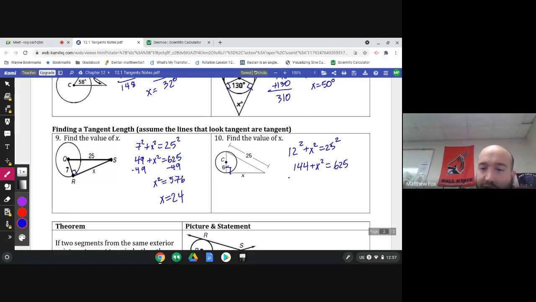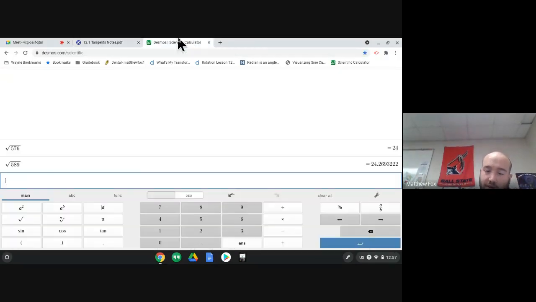All right, so now from here, subtract the 144, and we'll have x squared equals, so 625 minus the 144 gives us 481, and then we're going to need to take the square root of that. So sorry, I was moving too fast.